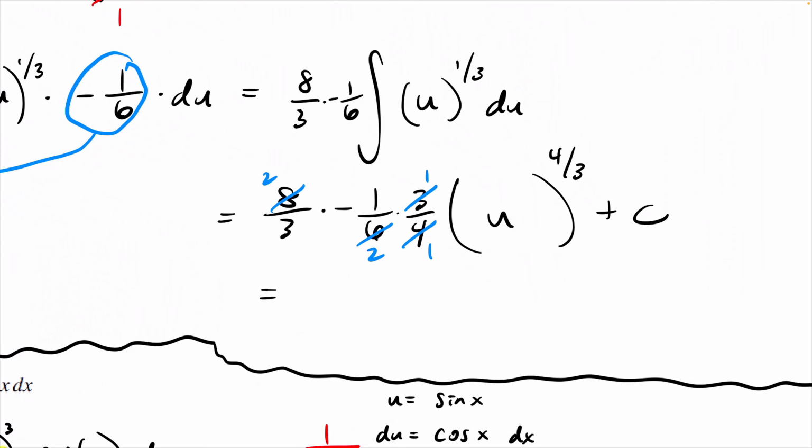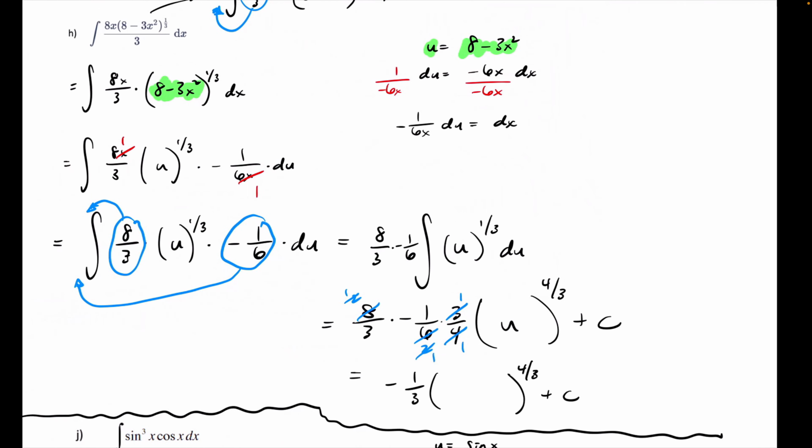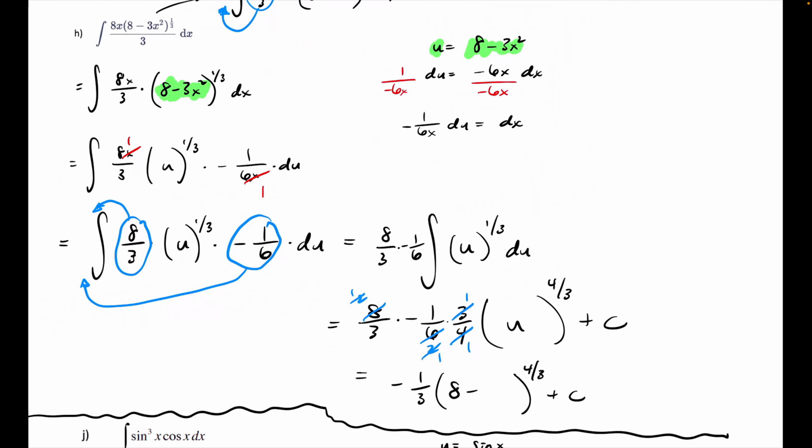So you get negative 1/6. No, negative 2/6. Negative 1/3, yeah. So negative 1/3, and then move u back in and you're done. 8 minus 3x squared.